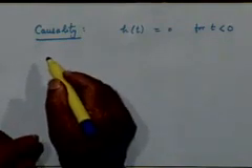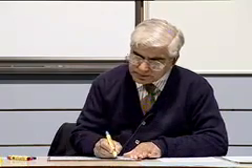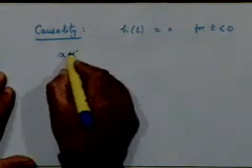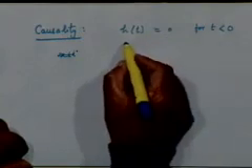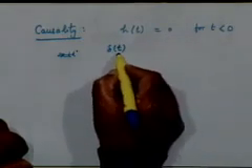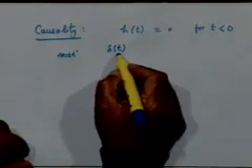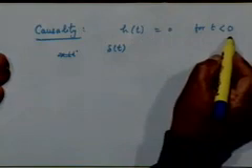The definition of causality is that the system responds to an input x(t) only after the input is applied: until there is an input, there is no output. Since the impulse response corresponds to an impulse occurring at t equal to 0, there can be no non-zero output of the system before time t equals 0, and hence the impulse response has to be 0 for t less than 0.